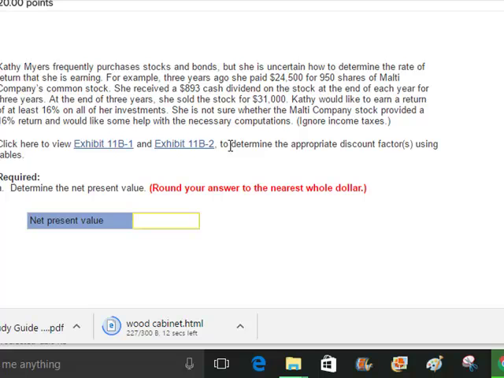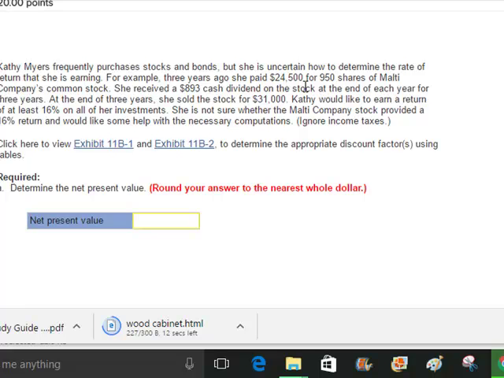So that's what I think is confusing about this problem. So even though it's 3 years later and we've sold the stock, we're still going to pretend like we're calculating the net present value back when we first bought it.